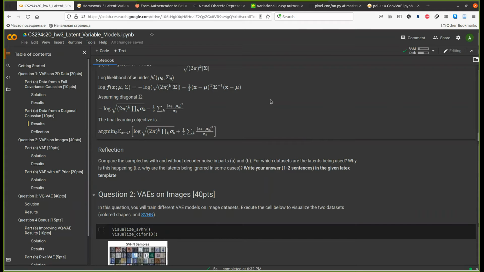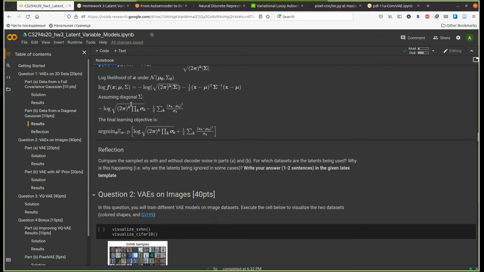So this becomes a sum of x minus mu squared along the diagonal, right? This is a vector, this is a diagonal matrix, and the product of vector, diagonal matrix, vector gives us this sum over the components of the vectors.